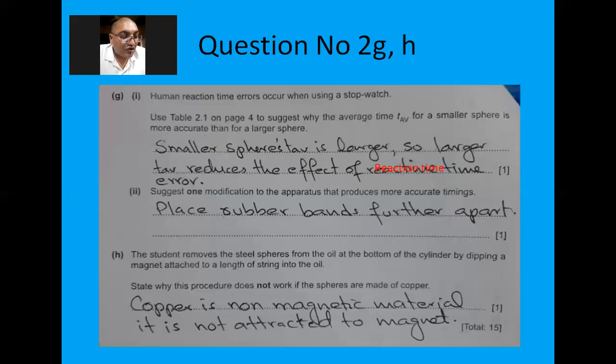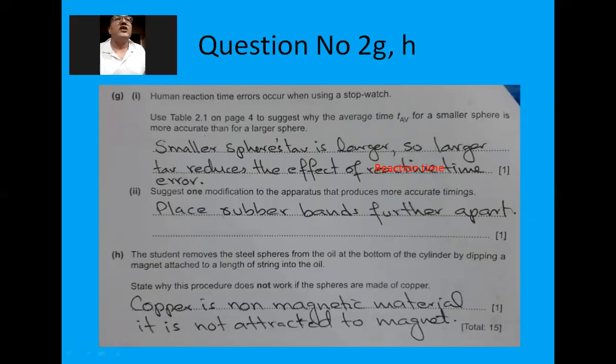State why this procedure does not work if the spheres are made of copper. Copper is a non-magnetic material. It is not attracted to the magnet. So this cannot be done if the spheres are made of copper.